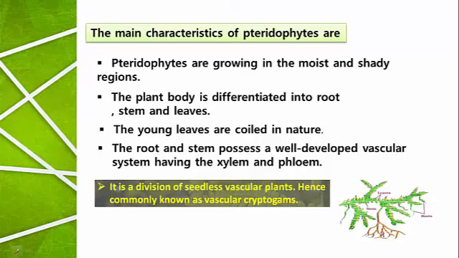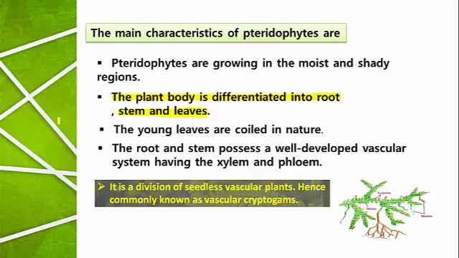The second character, and a completely different character, is that the plant body is differentiated into root, stem and leaves. This is different from bryophytes. In bryophytes, the plant body is a thallus, not differentiated into root, stem and leaves.